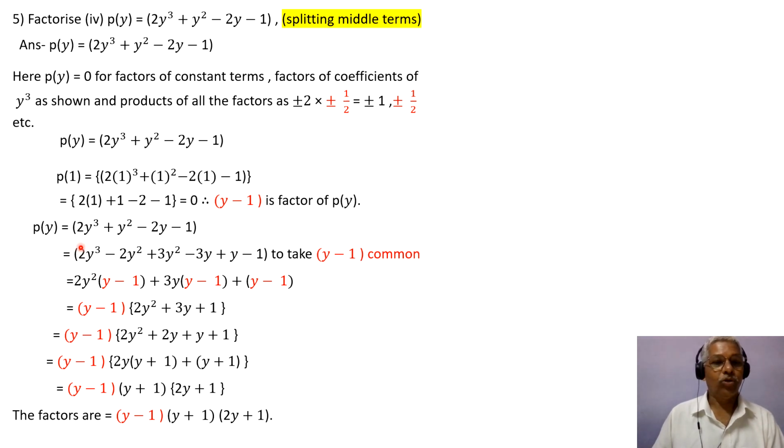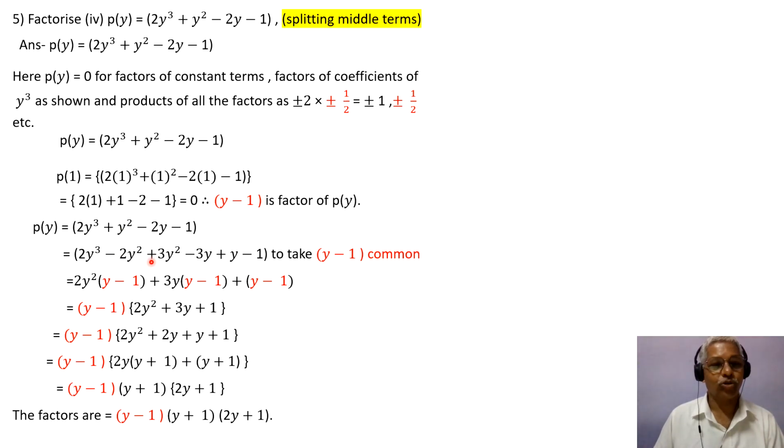So see here, 2y cube, I am taking this y square as minus 2y square plus 3y square. I am writing this y square as minus 2y square in the beginning so that I can take 2y square common, and in the bracket I will be getting y minus 1. That is how we have to use this technique, and we are not changing any value.